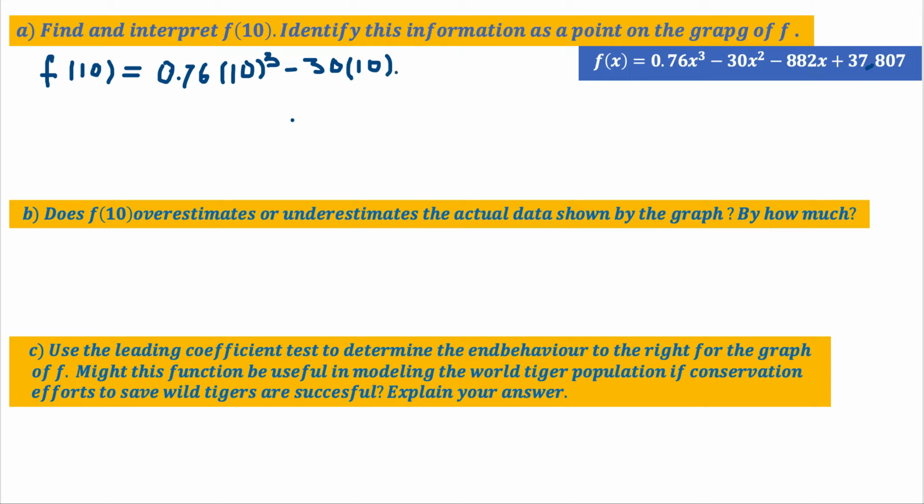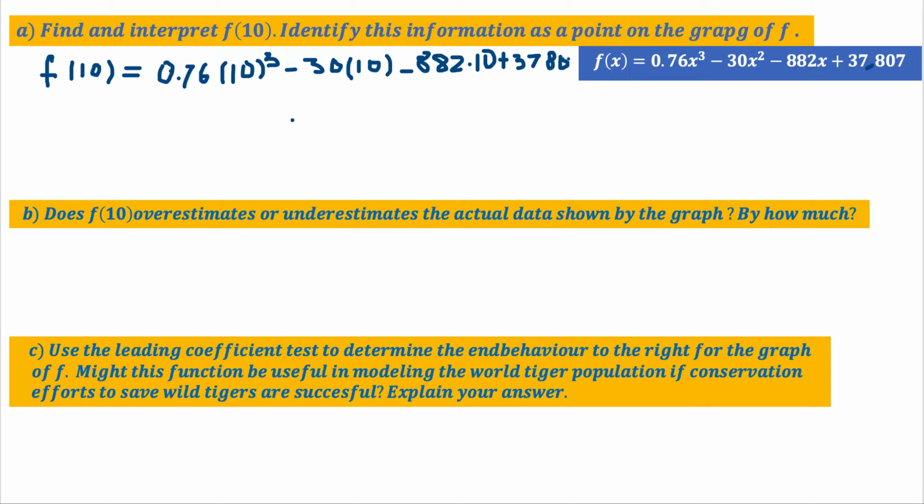Let me continue with this number here, minus 882 times 10. And the last number is 37,807.